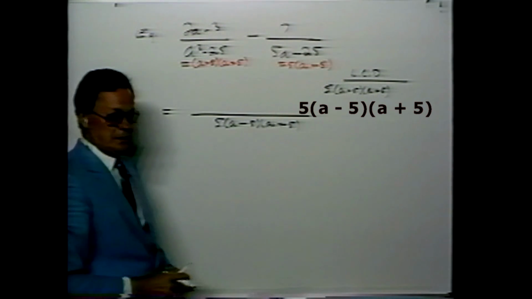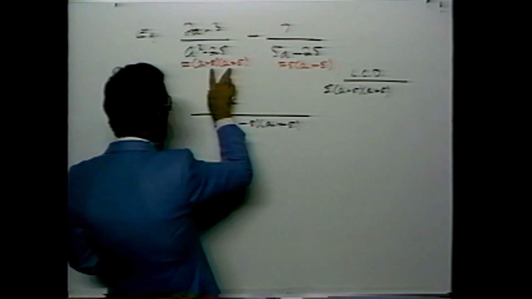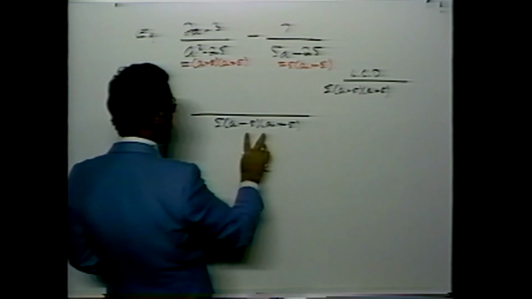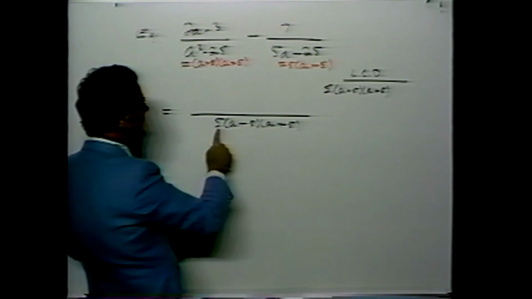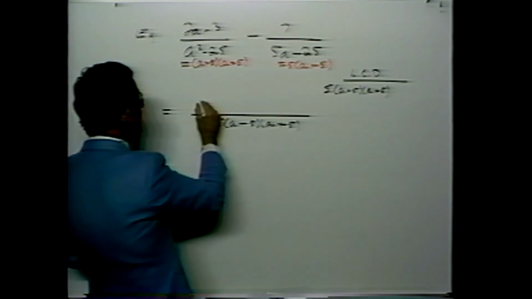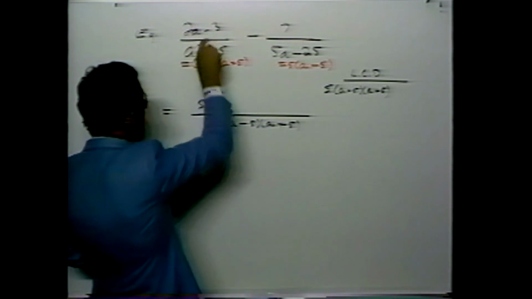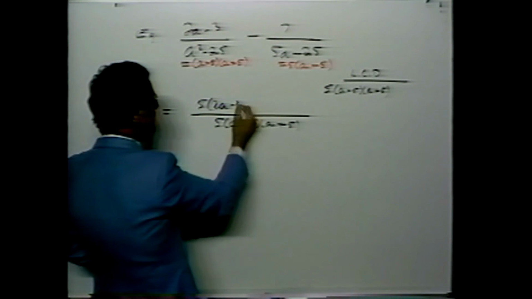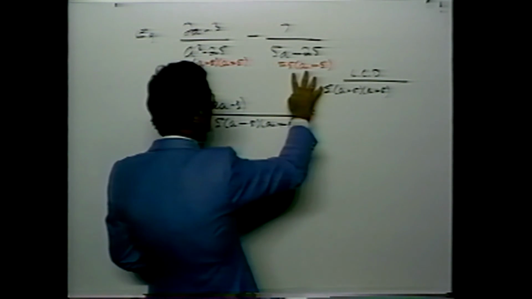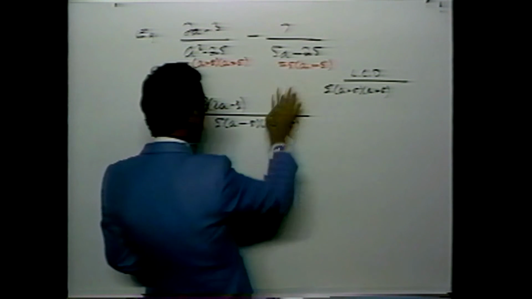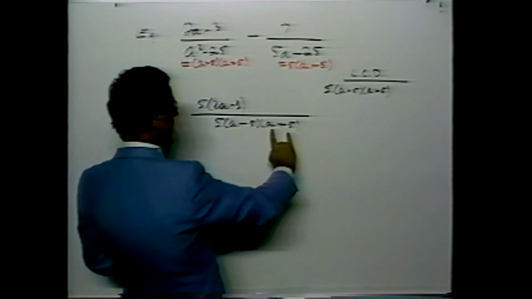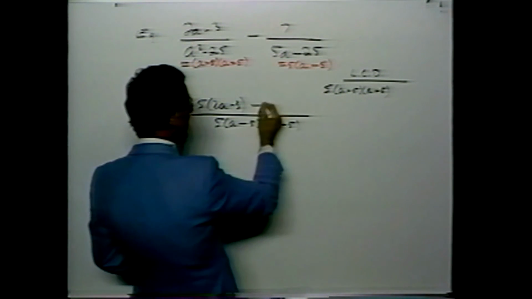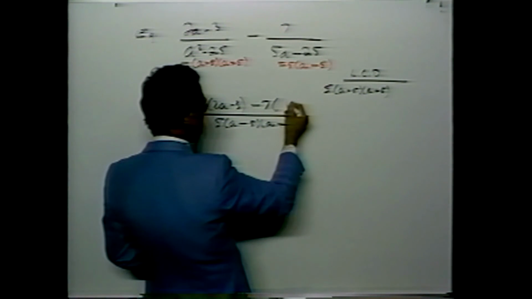The next step is divide those factors into the lowest common denominator. And it'll be used as a multiplier to increase to a minus 3. Similarly, take the other one and divide it into the LCD, and it'd be a plus 5. And a plus 5 is multiplied by minus 7.